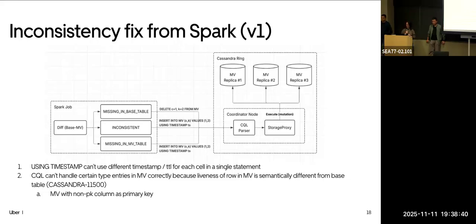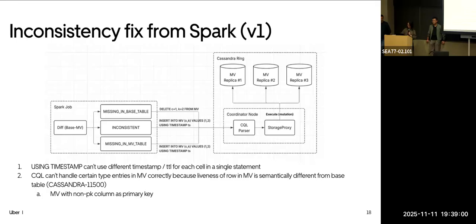It has slight differences. I'm not going to talk about that today, but all the details are in the tickets. The high-level idea is that for an MV with a non-primary-key column as a primary key, the liveness of that MV row is instead determined by that non-primary-key column.